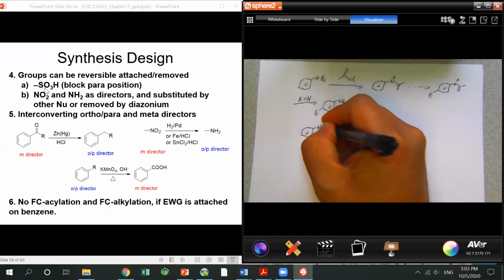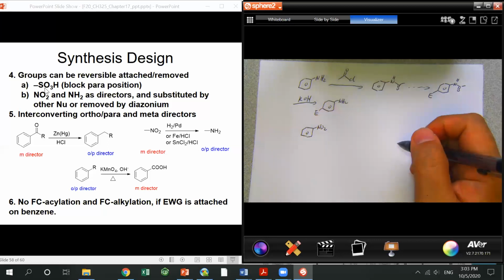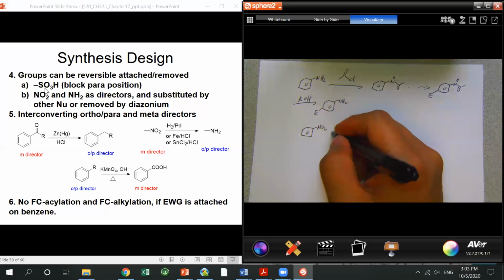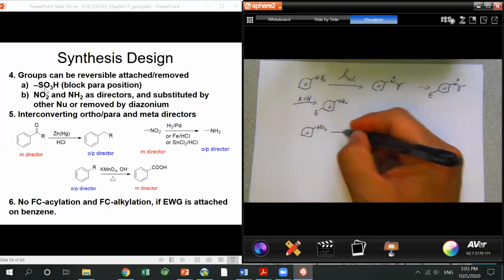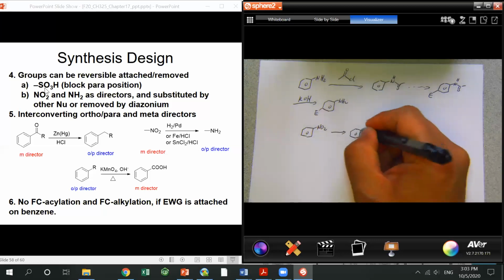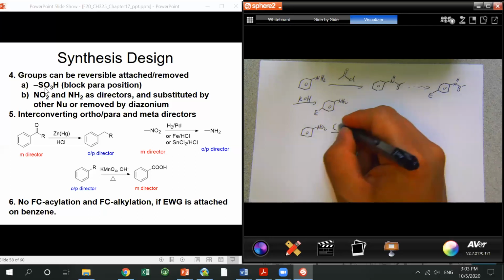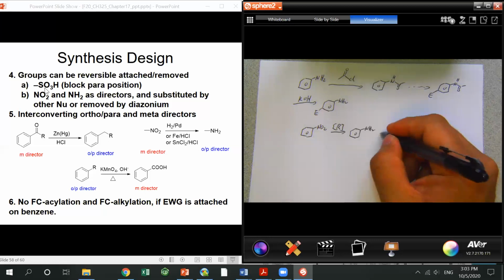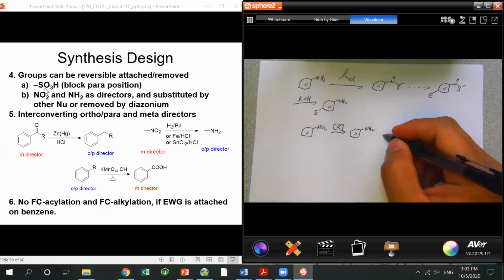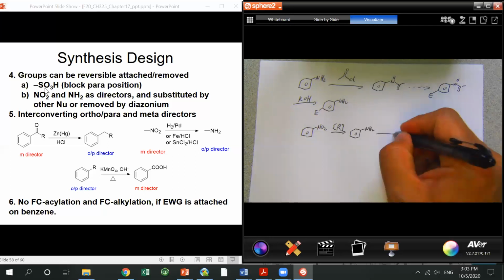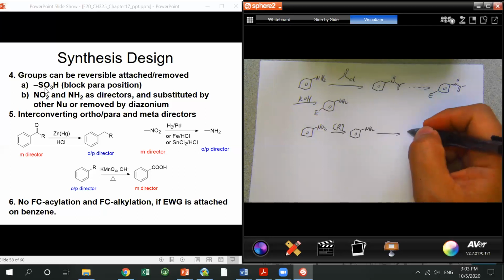If you have nitrobenzene, you can convert it to the aniline, the amine group, by doing the reduction. Following that, you can do what we call the diazotization reaction.